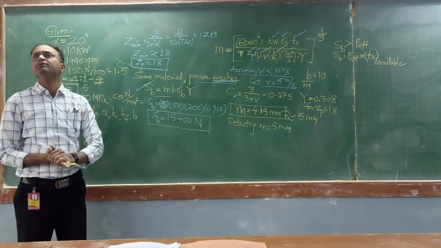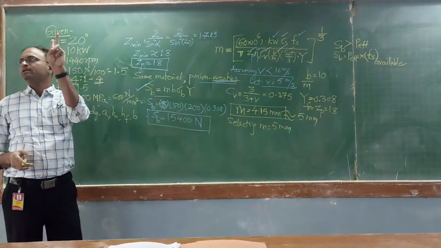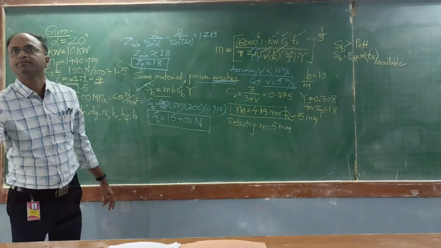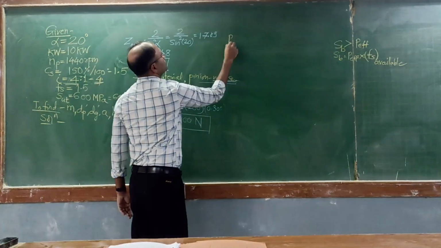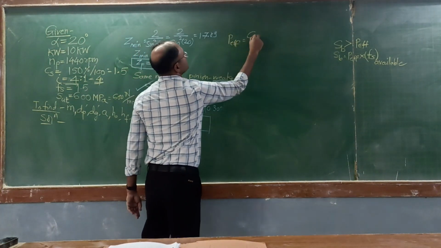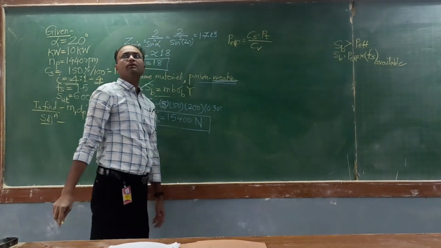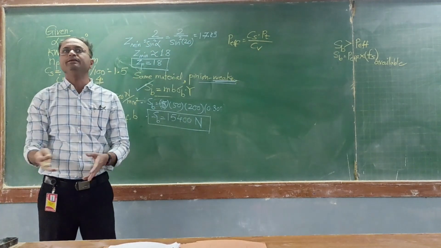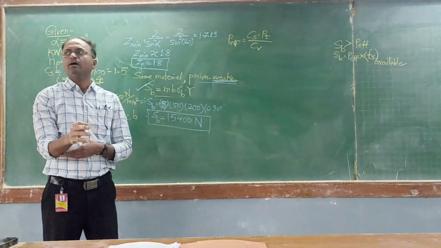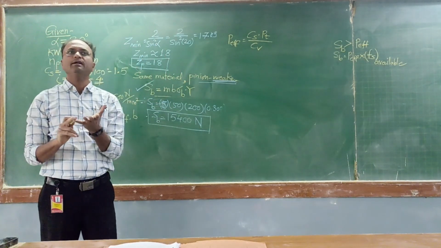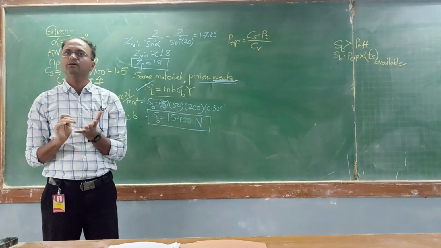So how to find P effective? There are two equations for P effective. Which are they? P effective is equal to CS PT upon CV. Why not the other equation, CS PT plus PD? Here we are finding module, so we cannot use it, as error and other factors or other values are not given.